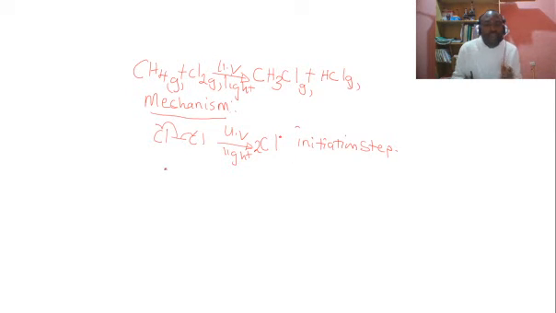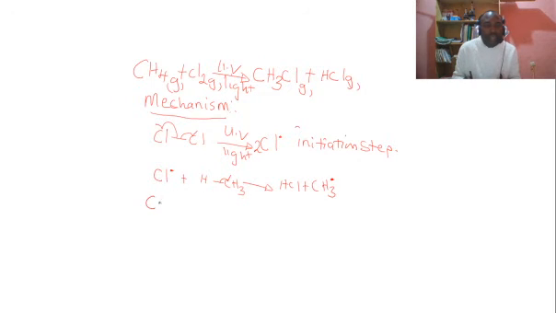Now, you see, we go to the propagation step, where the free radicals are used up and new ones are formed in the process. So you see, this bond can also split like this. We are going to produce hydrogen chloride plus another free radical.